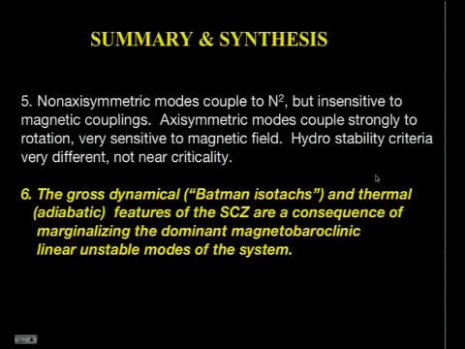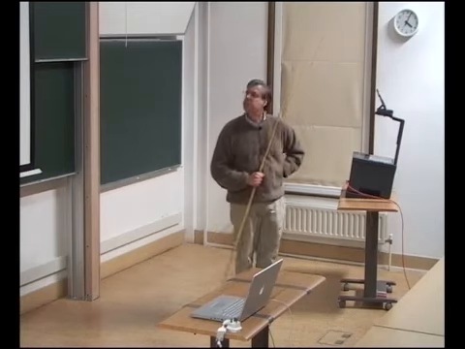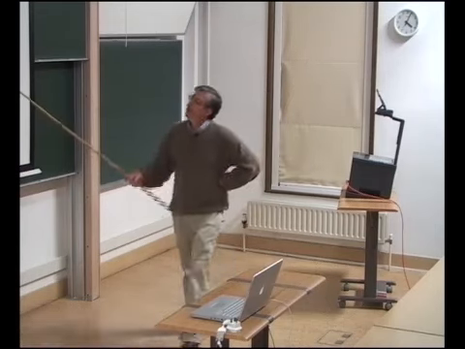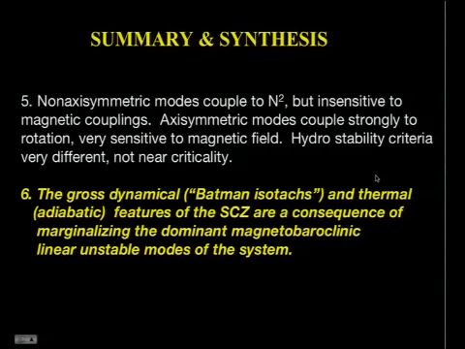Non-axisymmetric modes coupled to N squared tend to be less sensitive to magnetic couplings. Axisymmetric modes couple strongly to the rotation, and their stability is much more sensitive to a magnetic field. A hydrodynamic stability criterion is very different and nowhere near criticality, which I think is the main reason why people lost interest in it.